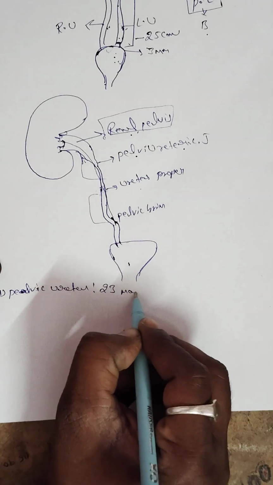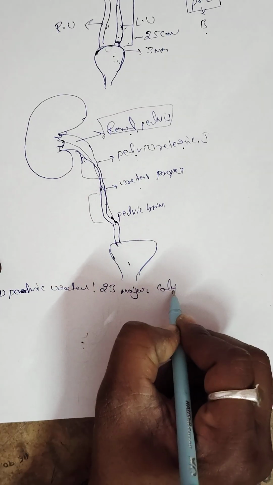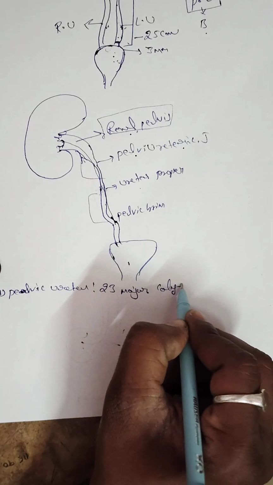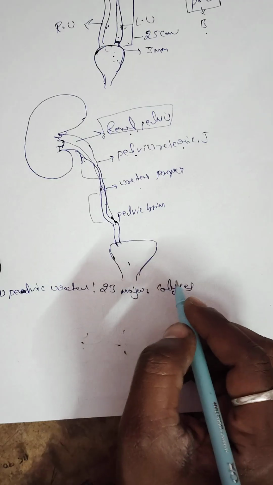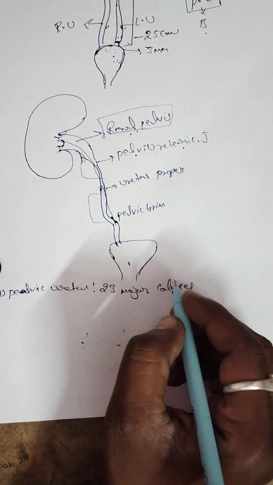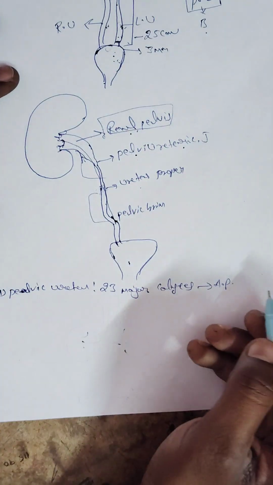Calyces are present in the part of the pelvic ureter. This runs downward and continues as the abdominal part.